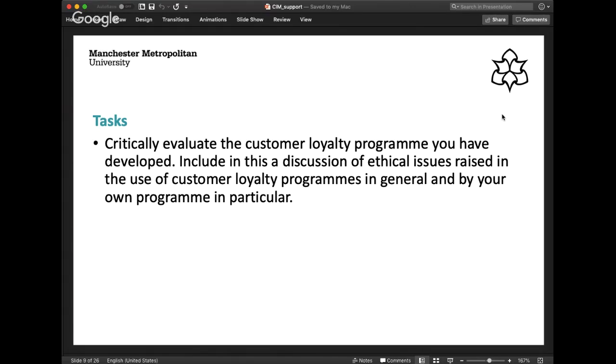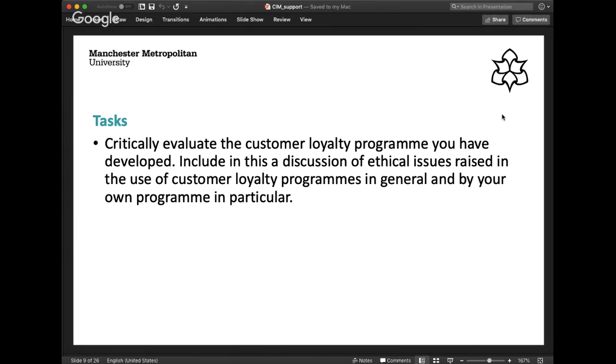Then if you look at the identification of the CRM problem, its design and its description of the loyalty program, you are looking at about 800 words in this section, where you've got the CRM problem and actually designing your loyalty program and coming up with your scheme.